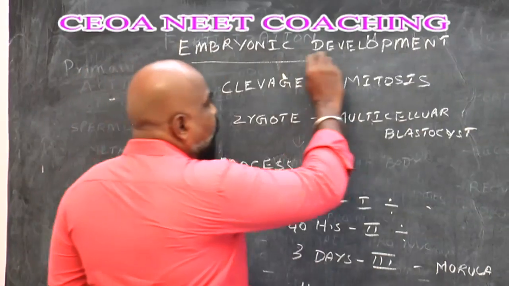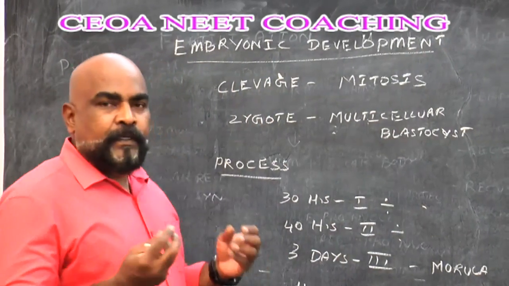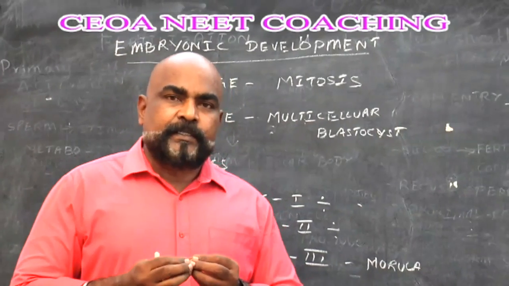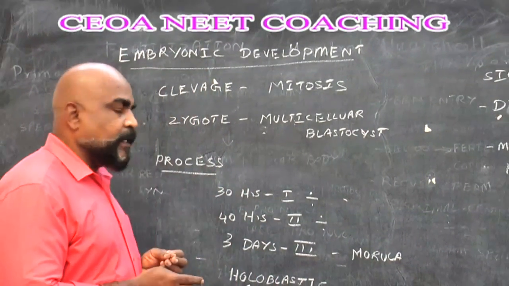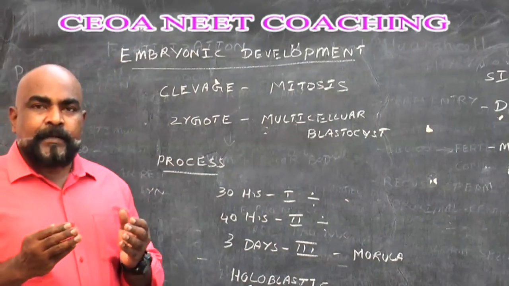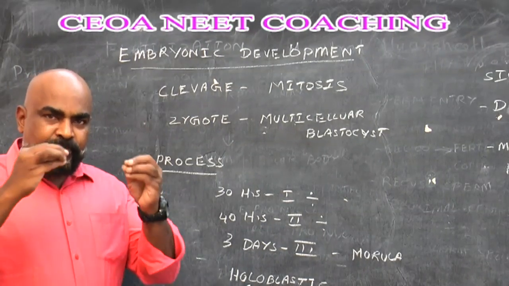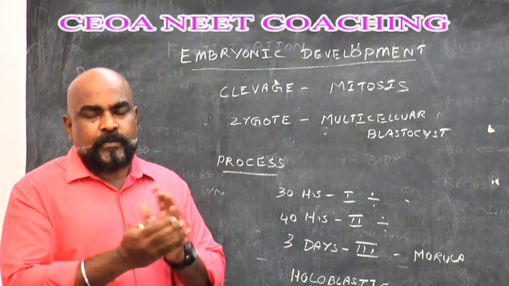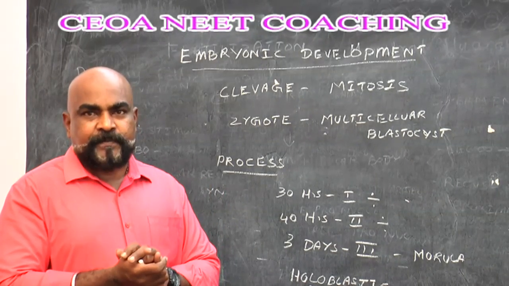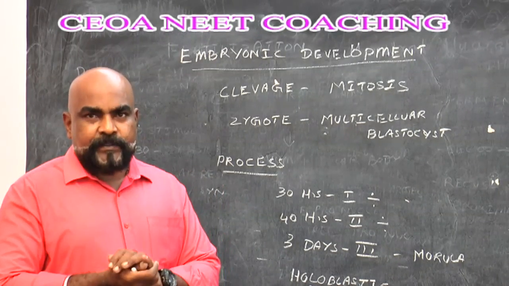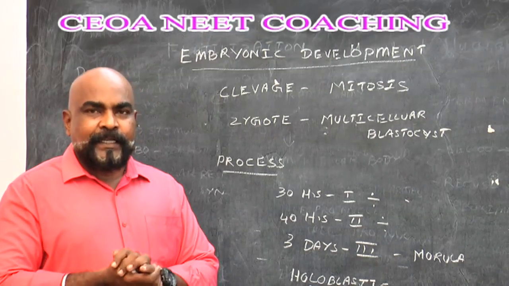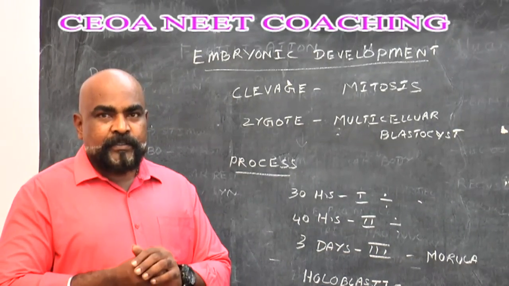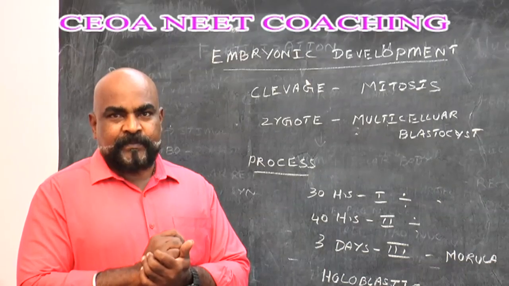gametes. We have seen that during fertilization, the male pronucleus and the female pronucleus fuse together and form a zygote. This is also called amphimixis. After that, the zygote undergoes cleavage.